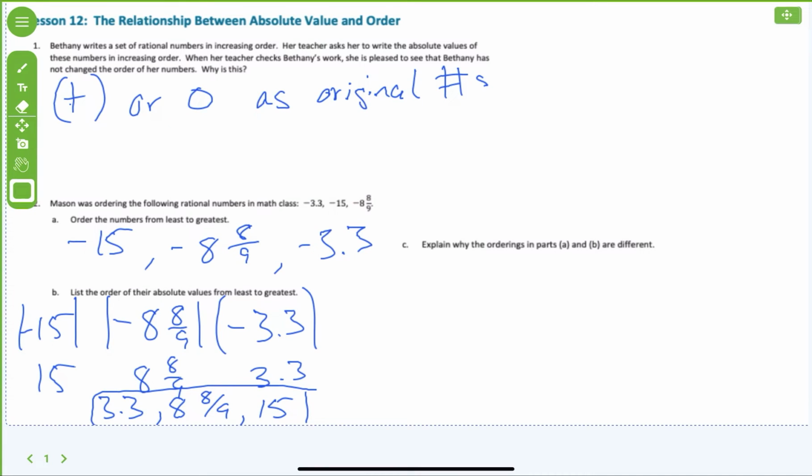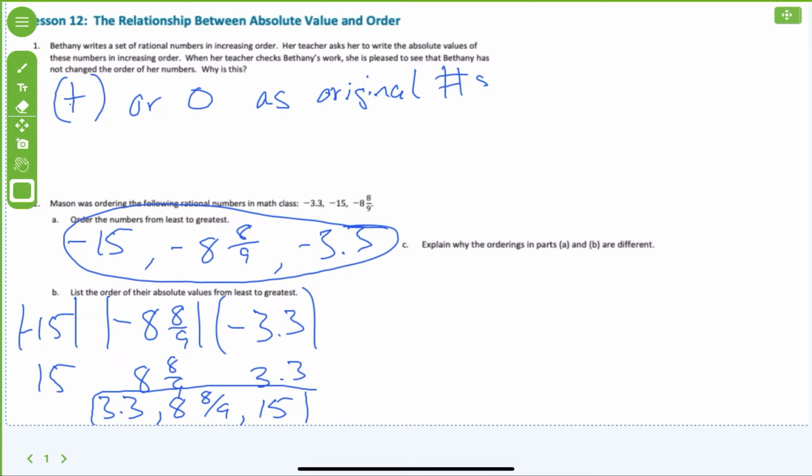Okay. Now explain why the orders in part A and B are different. How would you explain that? These are pretty easy to explain since they're all negative.